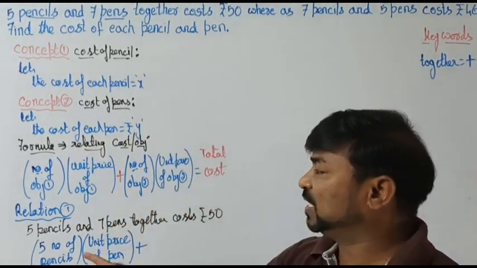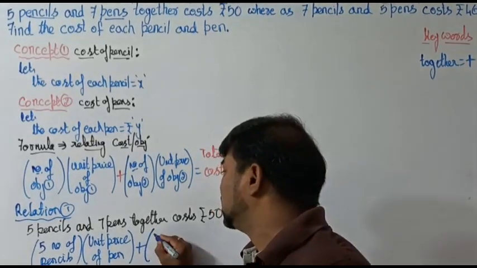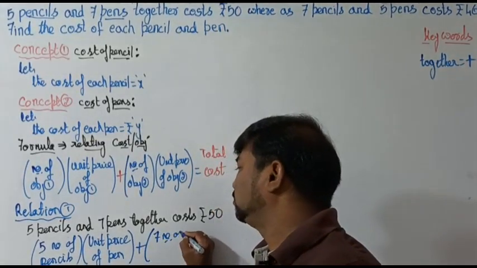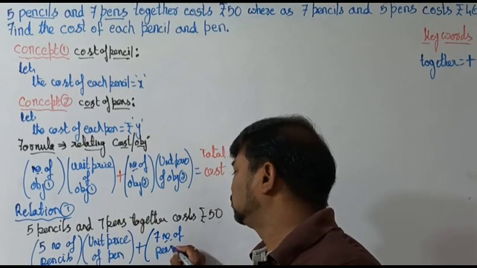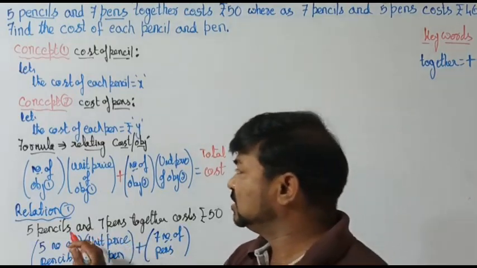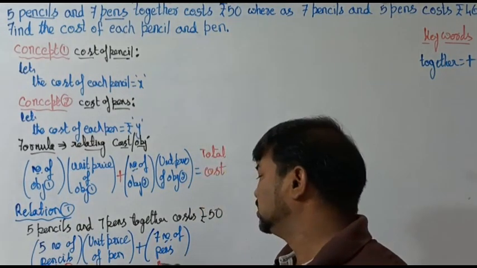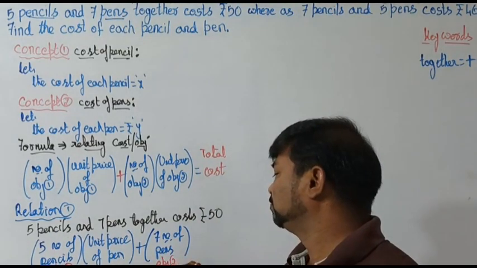Now, 7 pens. How many of the second object are there? 7 number of pens, that is object 2. Here, pencils is the object 1, and here, pens is the object 2.